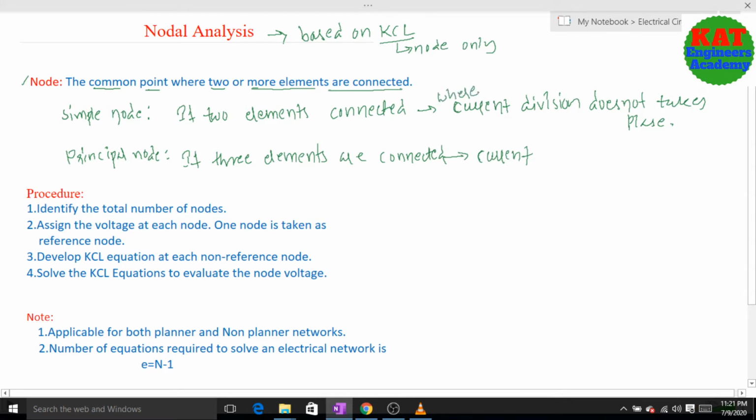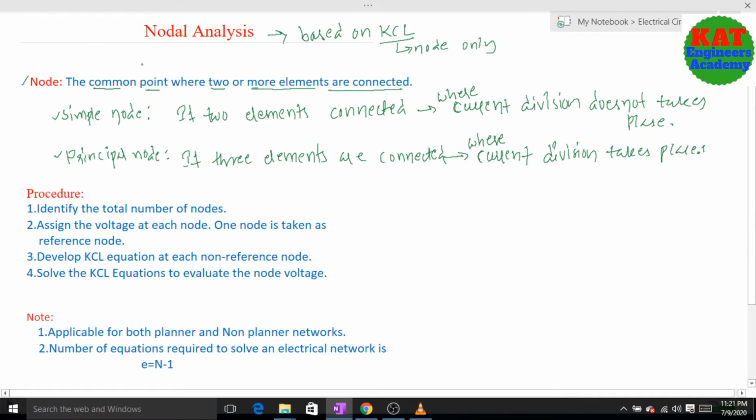Where current division does not take place is known as a simple node, and where current division takes place is known as a principal node. So finally, we have two types of nodes, simple node and principal node.